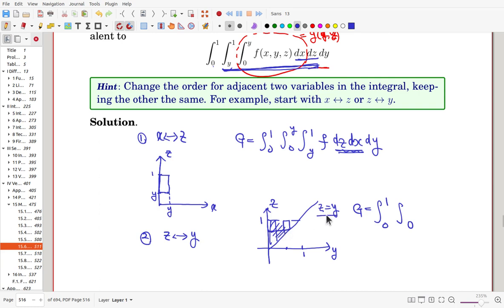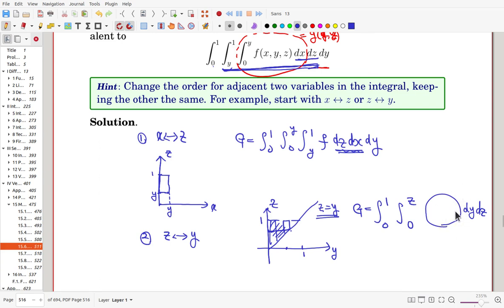This is the same as y equals z, so that is bottom y and top y. The innermost one, the encircled portion, is the same. And this is now dy and dz. So in this way, you can change the order.